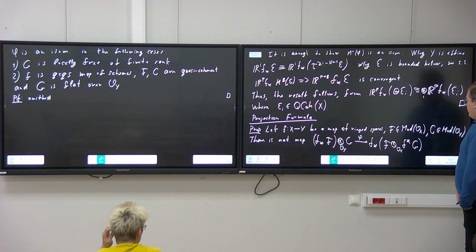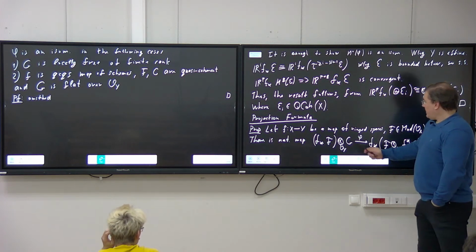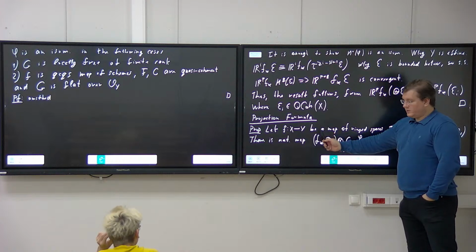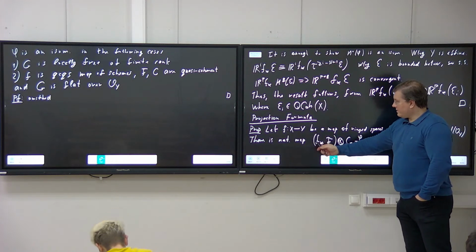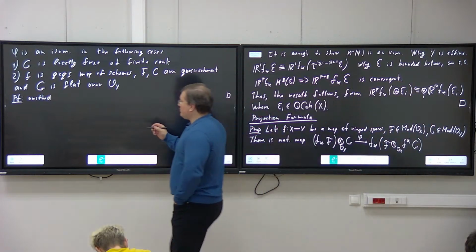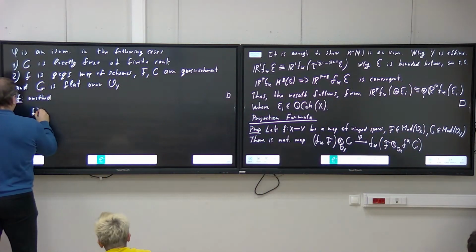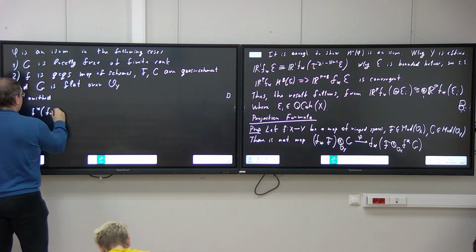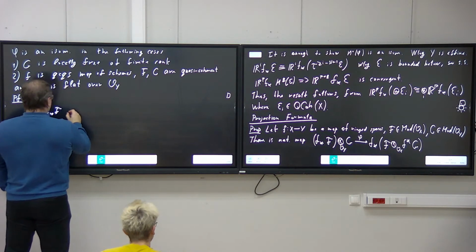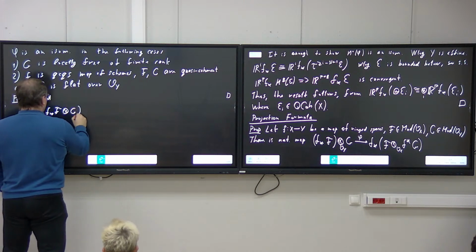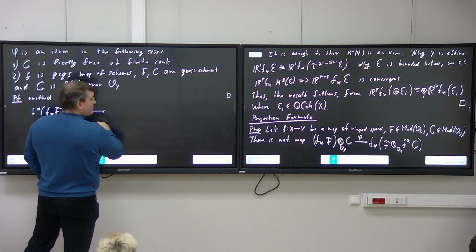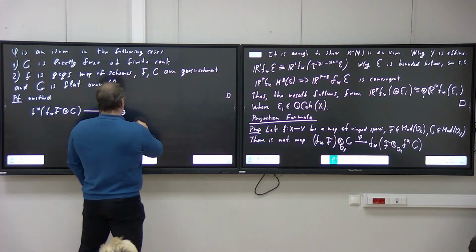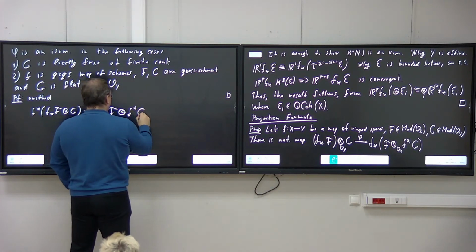And f upper star of course commutes with the tensor product. So you get f upper star applied to f lower star of F tensor G, and this is mapped to F tensor product with f upper star of G.